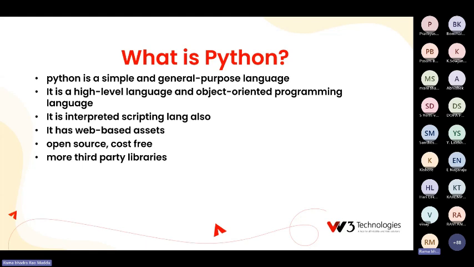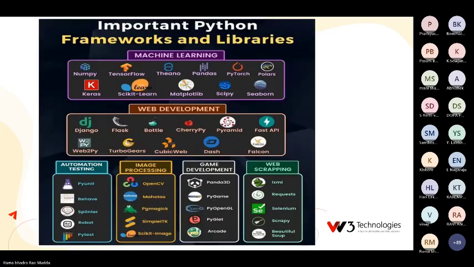It is available free of cost, and third party means not developed by the Python team. So lakhs of libraries are available. For example, if you want to work with machine learning, NumPy is a library that is already ready to use. TensorFlow is a library, ready to use.